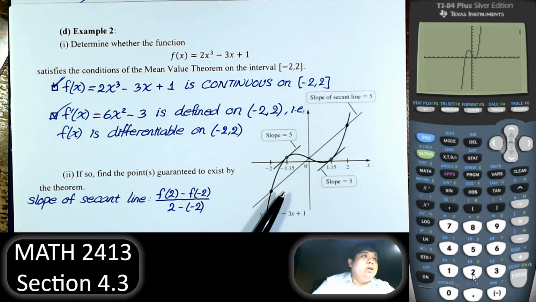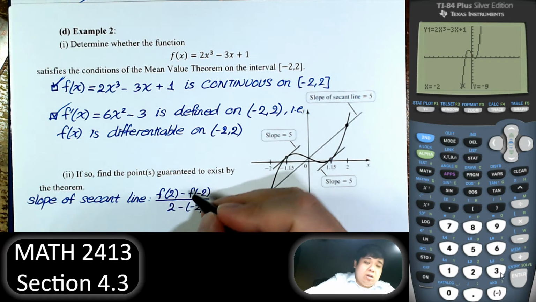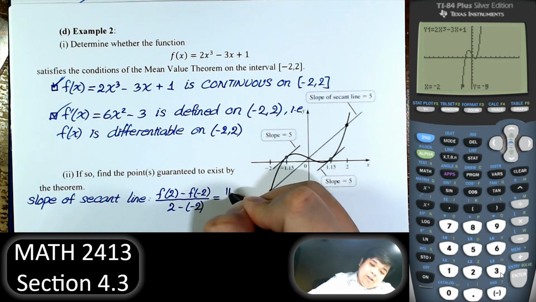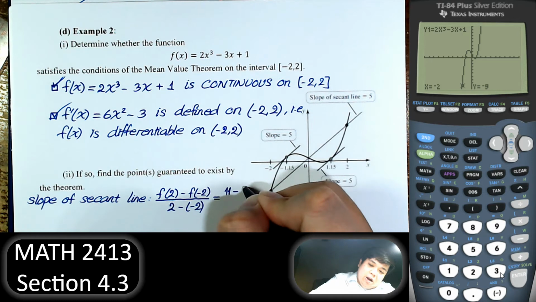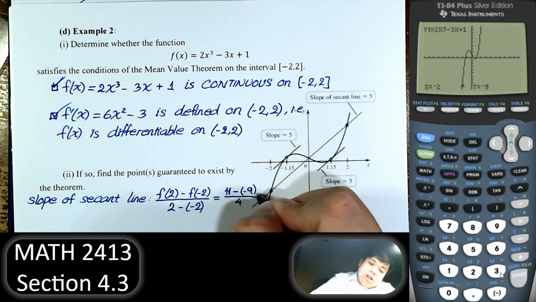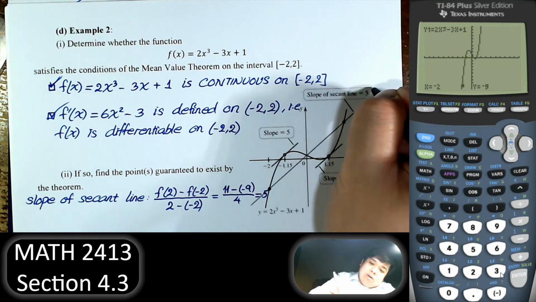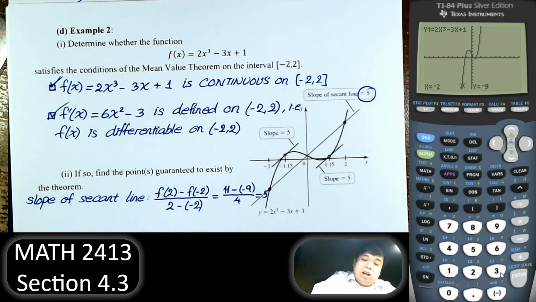At 2 it is 11, and at negative 2 it is negative 9. So 11 minus negative 9 over 4 is 20 over 4, so it's 5. The slope of the secant line is 5.